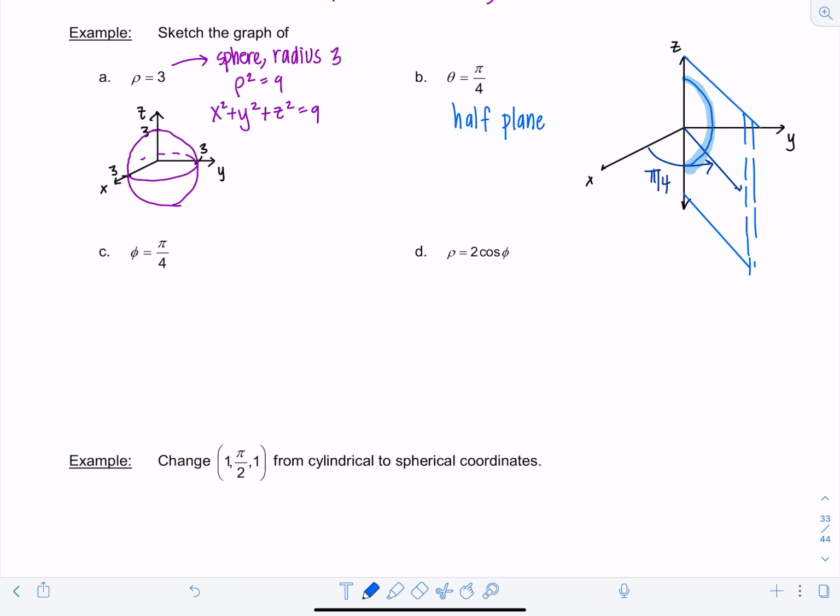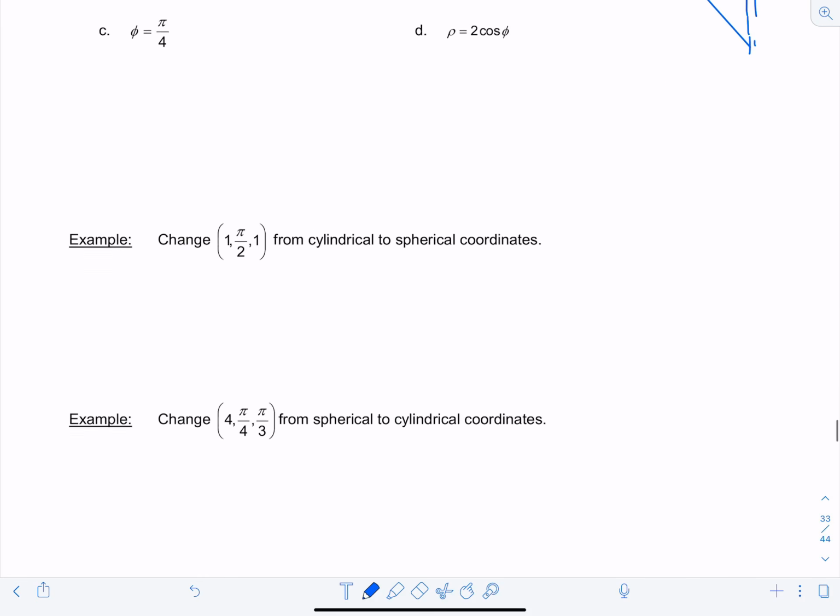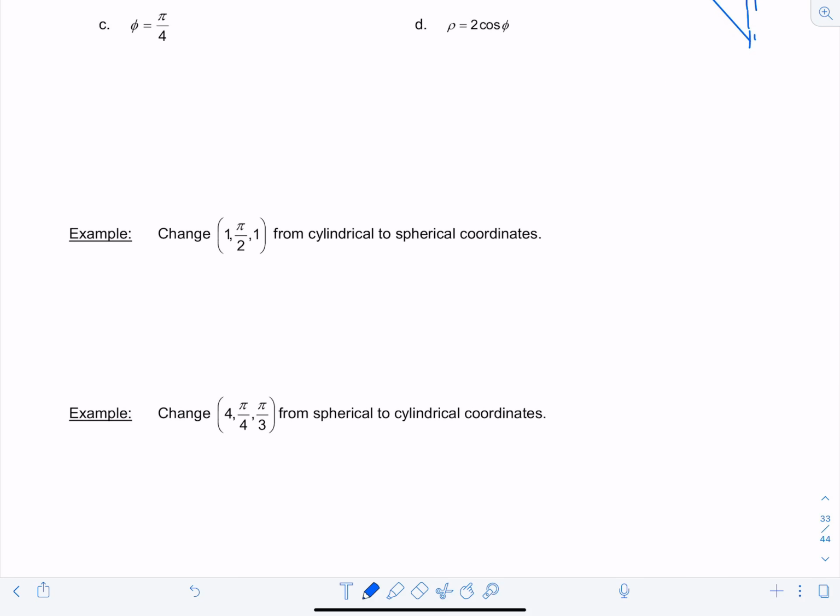Nice. Now here's one that you're going to want to put to memory because it's going to come up so much. Phi equals pi over 4. So let's imagine what's going on here. Phi is pi over 4. That means the angle that this surface makes with the positive z-axis is always pi over 4.